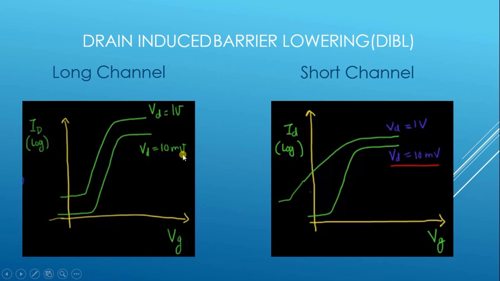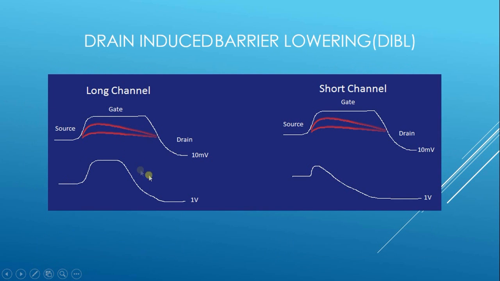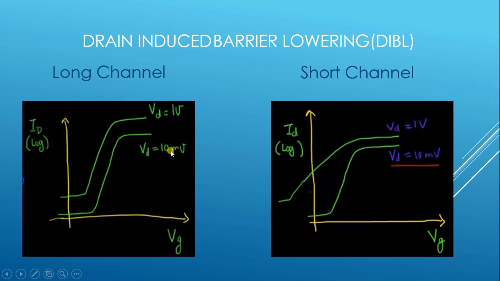So I'm continuing the same example of drain 10 millivolt and then 1 volt. When drain is at 10 millivolt, we get this graph, and when we increase it to 1 volt, we get this graph, which is similar to the earlier one. Only the difference is the upward shift has been made.